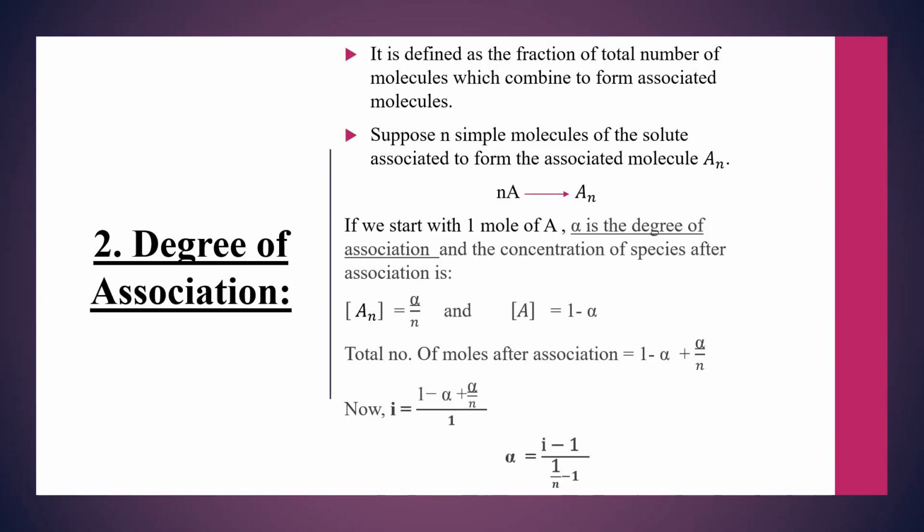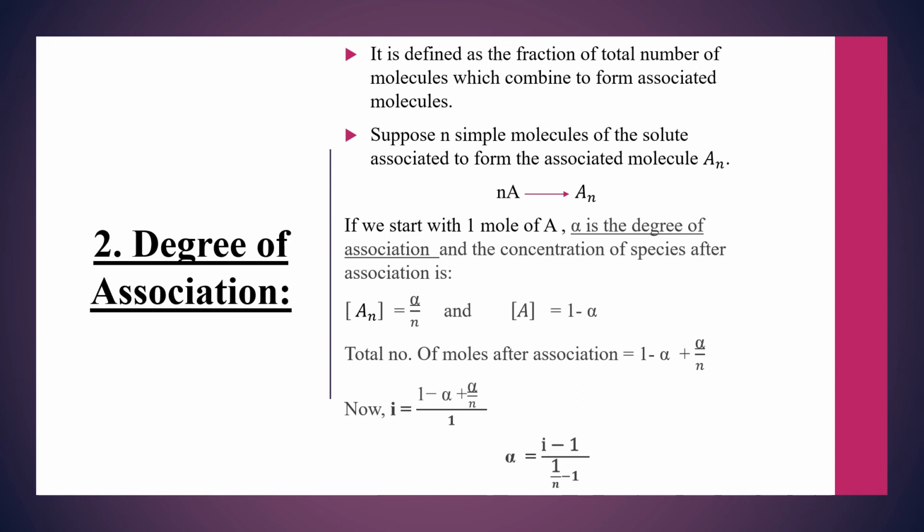Degree of association is defined as the fraction of the total number of molecules which combine to form associated molecules. Suppose n simple molecules of the solute associate to form the associated molecule A_n. Initially we have n molecules of A, and as it gets dissolved in the solution, it forms the associated molecule A_n.